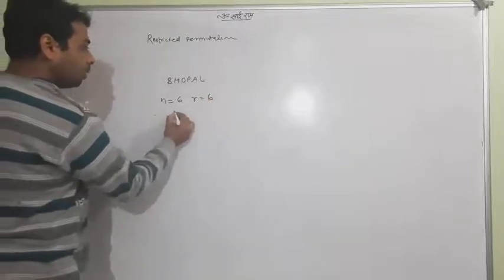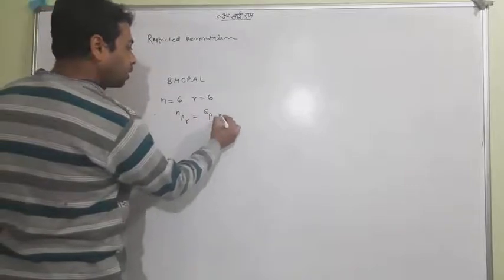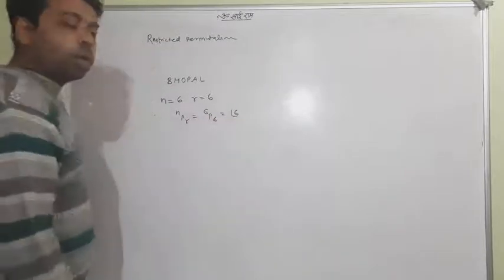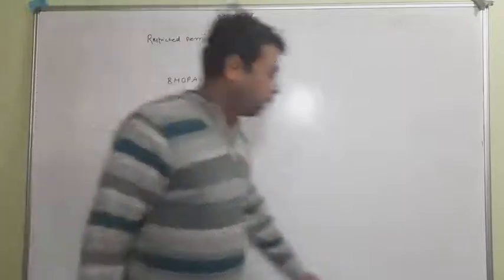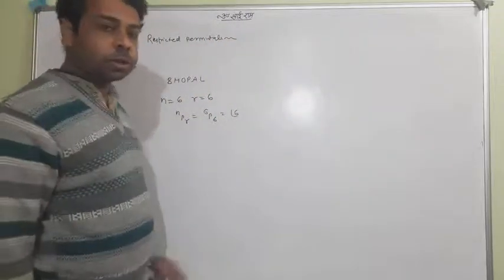You have the answer nPr, 6P6, which is factorial 6, meaning 720. 720 is the answer.